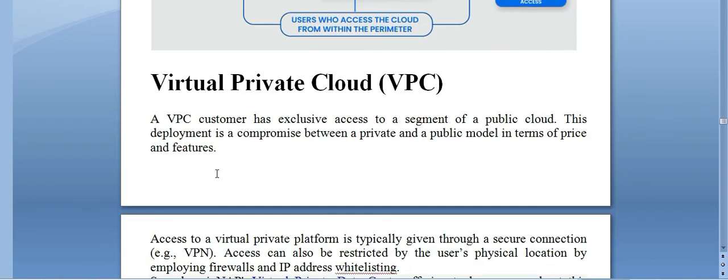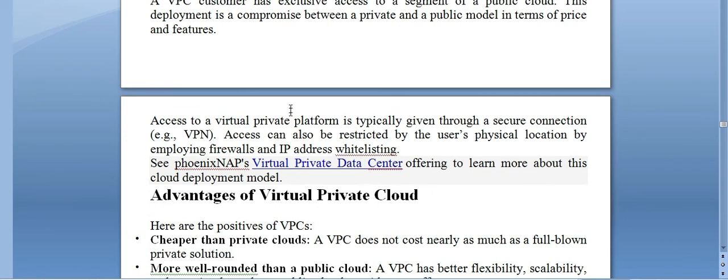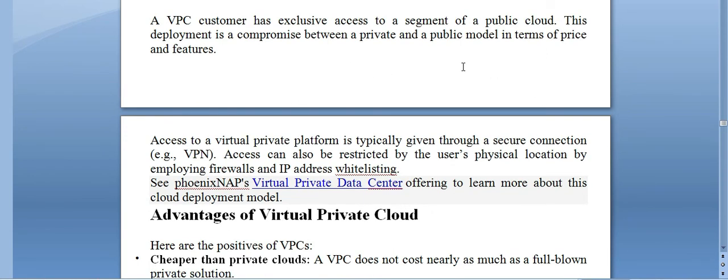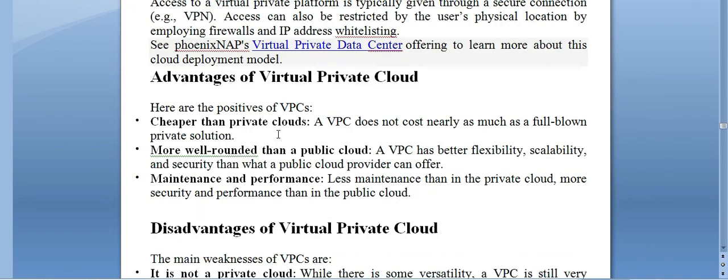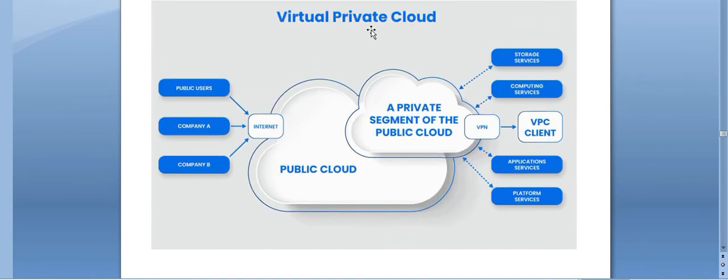Then virtual private cloud. So in a virtual private cloud, customers have exclusive access to a segment of public cloud, and this development is a compromise between the private and public model in terms of price and also in features. So here you can see the virtual private cloud is the public cloud, and a private segment of the public cloud. This is the private segment of the public cloud, that is the VPN.